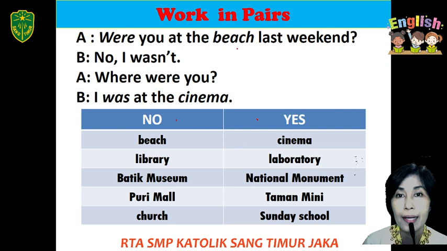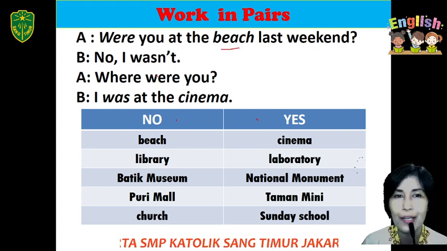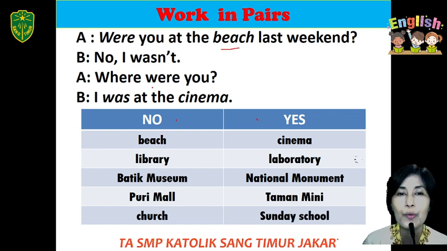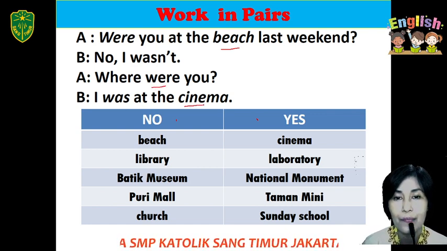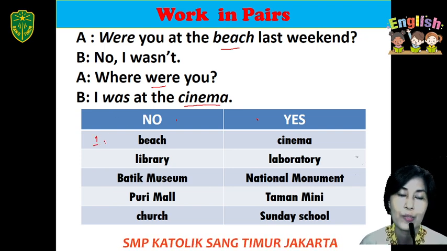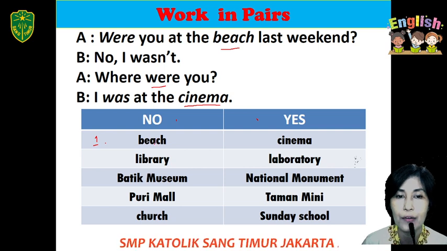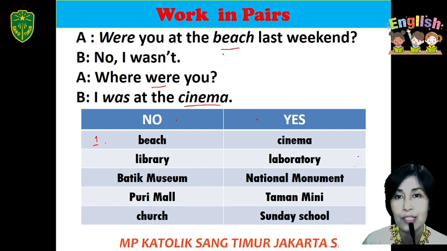Were you at the beach last weekend? No, I wasn't. Where were you? I was at the cinema. Well, it's taken from this one. The first lines, you have beach and then cinema. Were you at the beach last weekend?